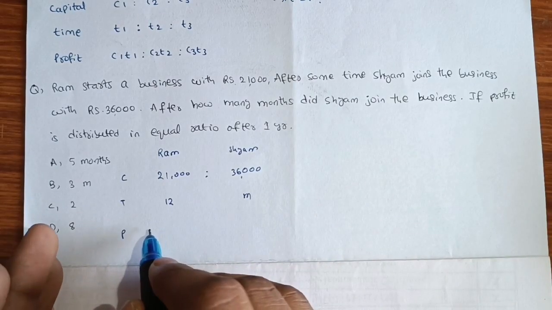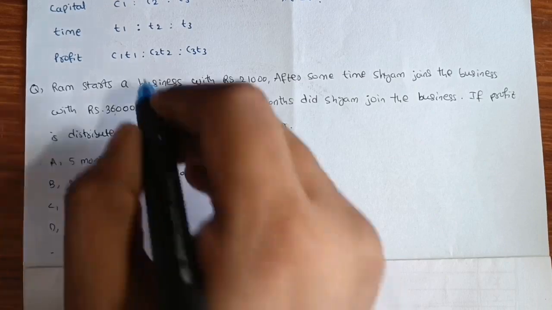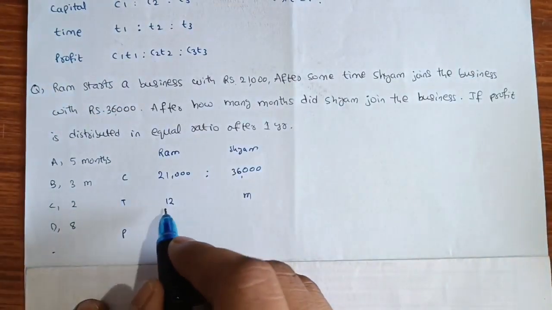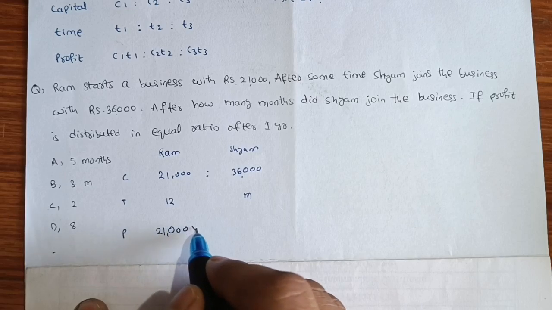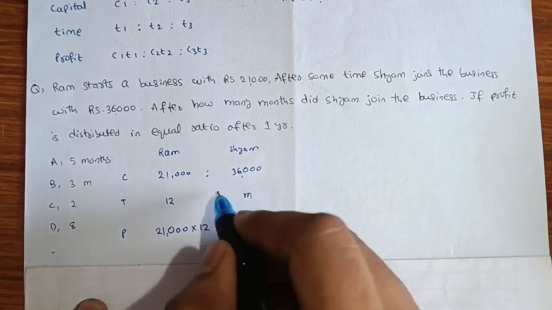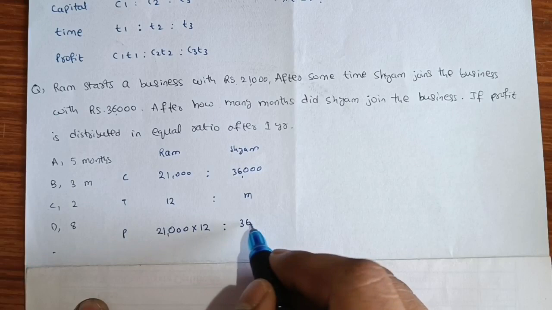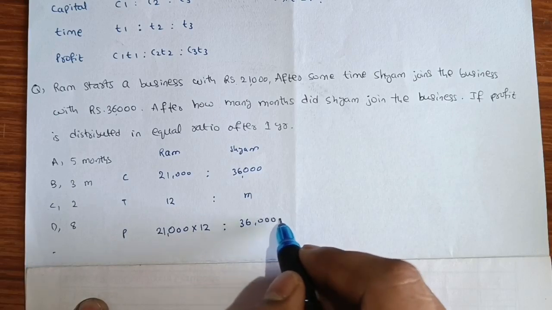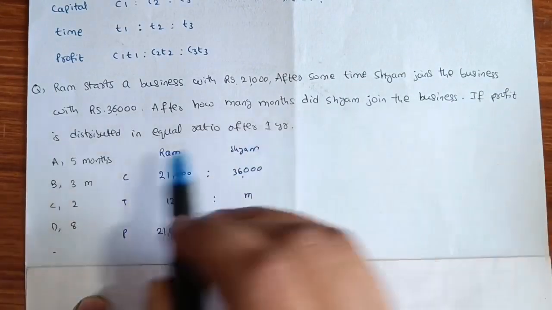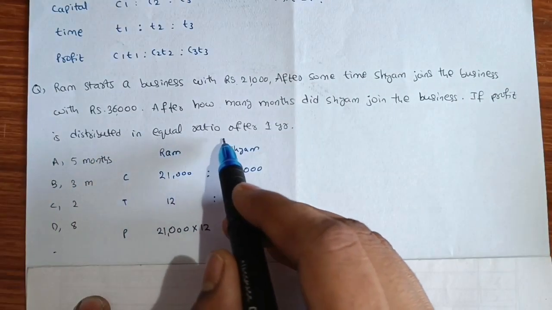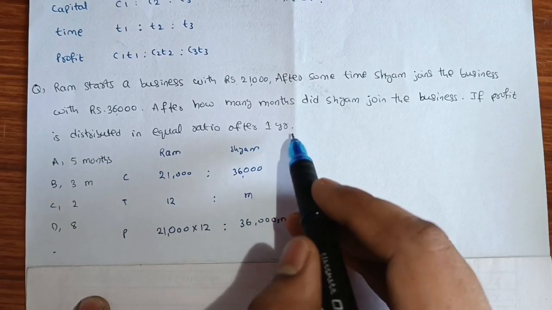The profit equals capital into time: 21,000 into 12 equals 36,000 into m months.